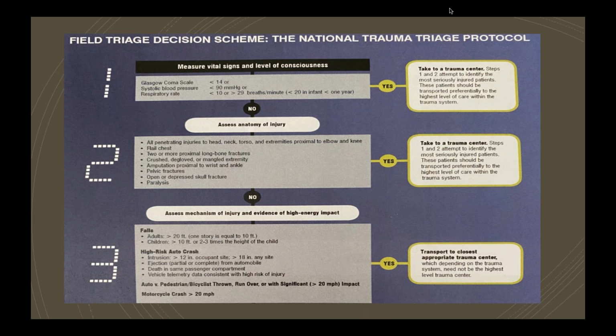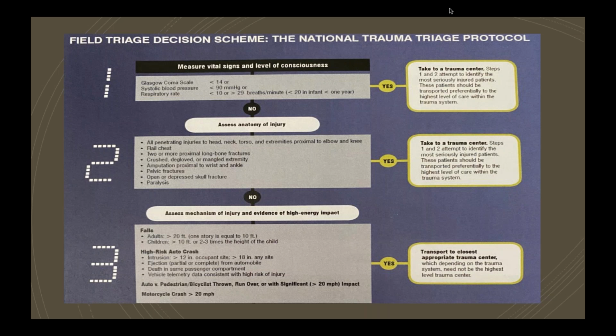If you have a flail chest, 2 or more proximal long bone fractures, crushed, degloved, or mangled extremity, amputation that is proximal to the wrist and the ankle, so toes and fingers don't count necessarily unless you have other things going on, pelvic fractures or suspected pelvic fractures, any open or depressed skull fracture, or paralysis. If you have one or more anatomic injuries, it's an automatic trauma code.